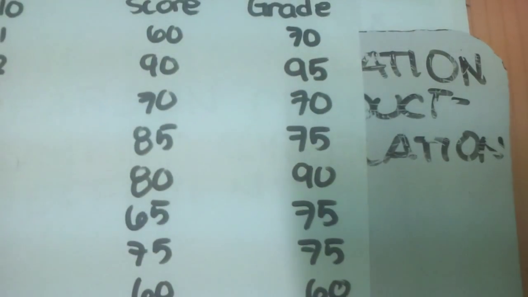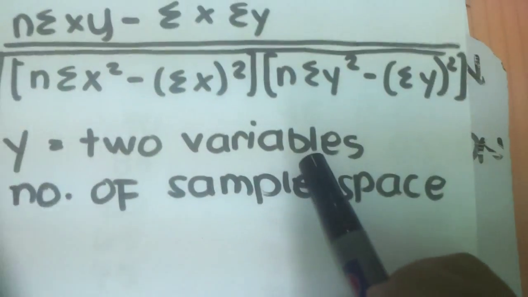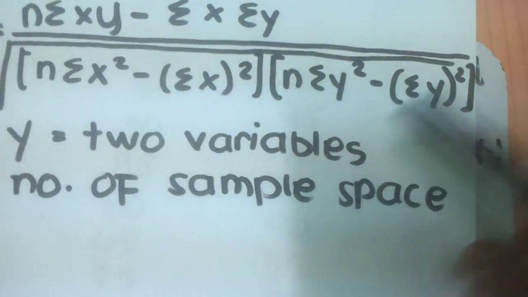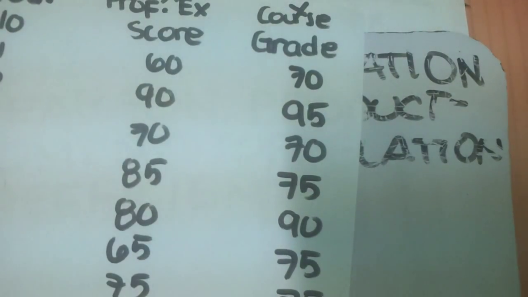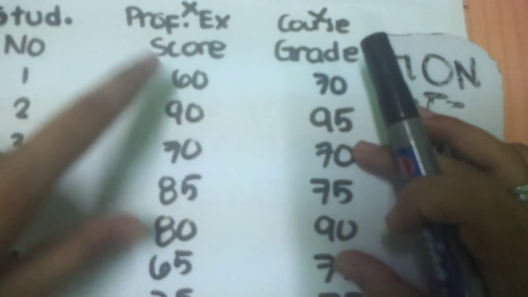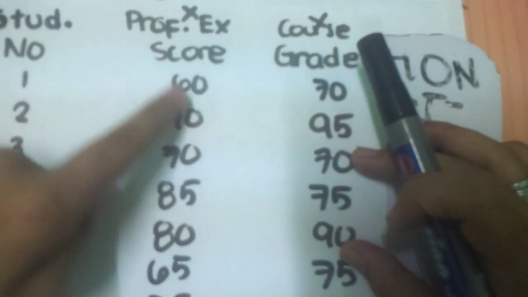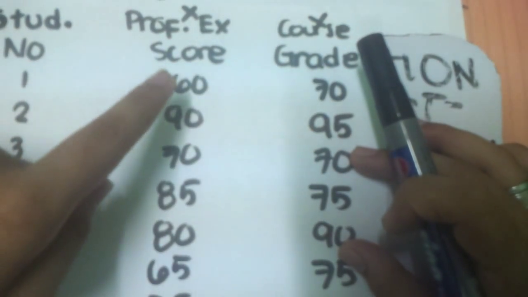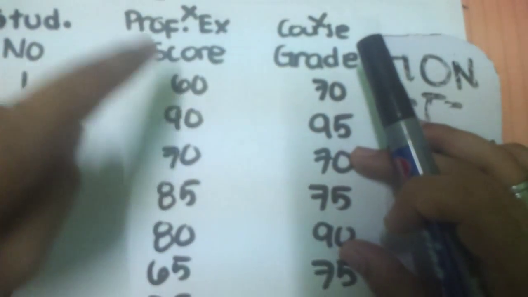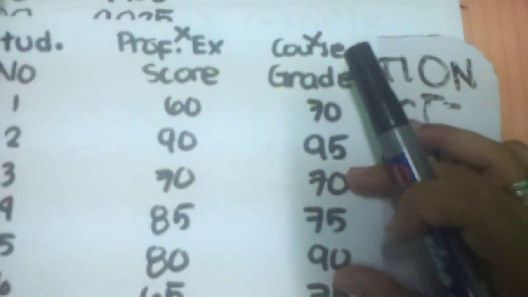We need to find summation of X squared, summation of Y squared. So for summation of X squared, for student number 1, you just square 60. 60 times 60 is equal to 3,600.